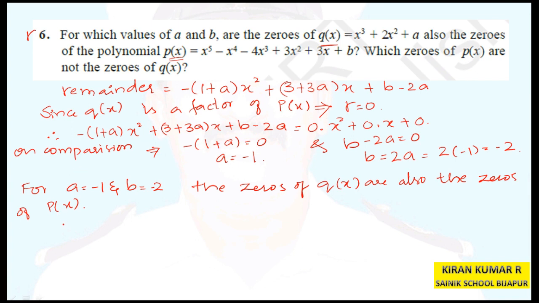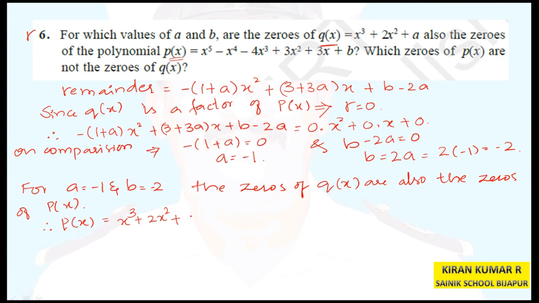We know the division algorithm. If we use that, dividend will be equal to divisor into quotient plus remainder. Therefore, the dividend p of x will be equal to divisor. If you look at the divisor is q of x. So x cube plus 2x square plus a.